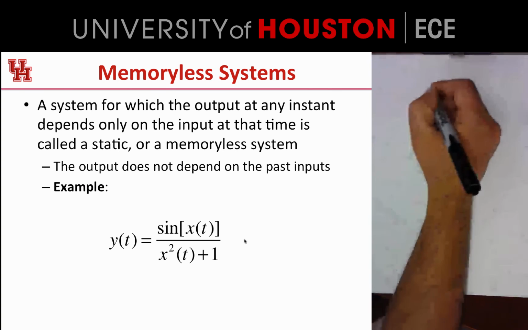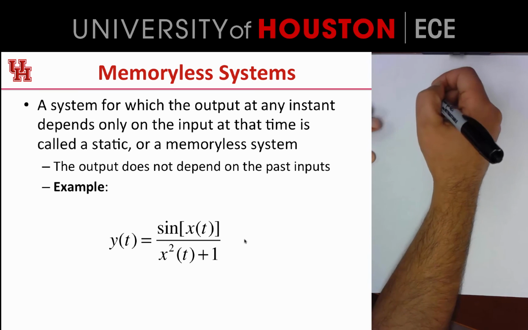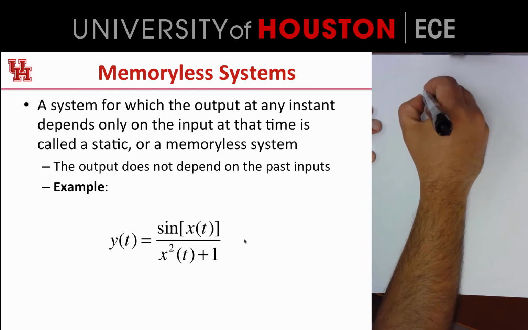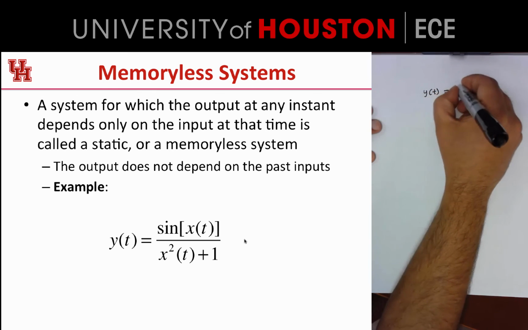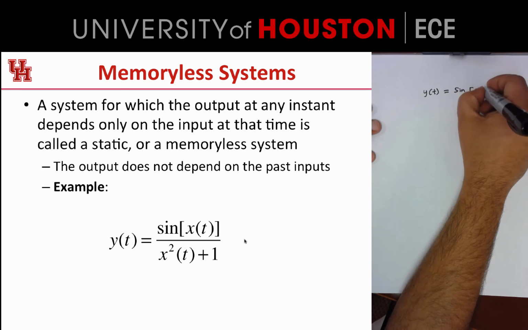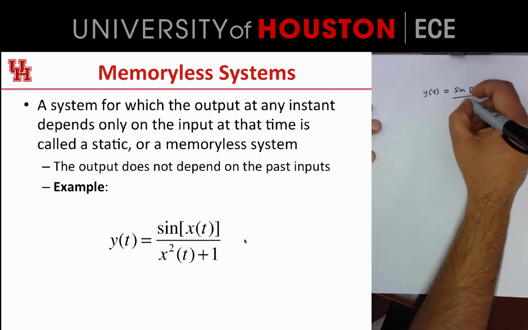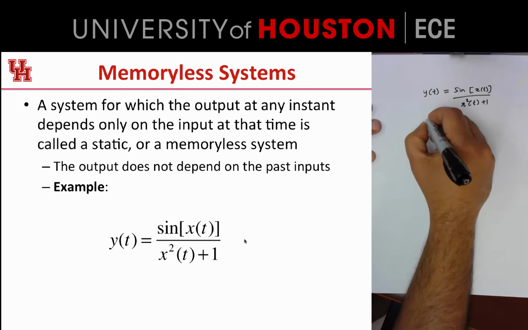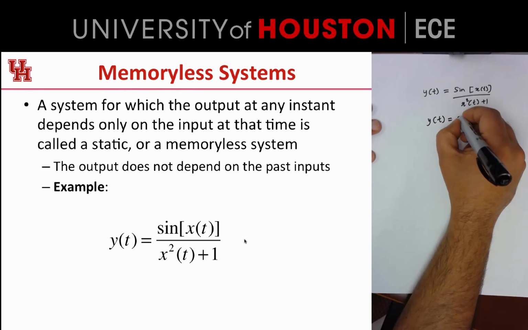So a couple more concepts before we wrap up. There are systems like the one pictured here. Suppose I had a system that has the following input-output relationship: sine of x of t divided by x squared of t plus 1. Or another example is just y of t equals 2 times x of t.